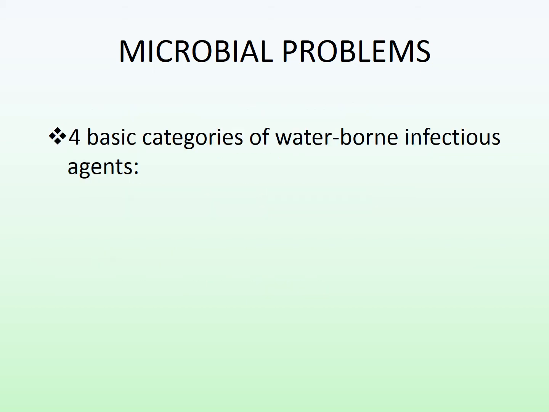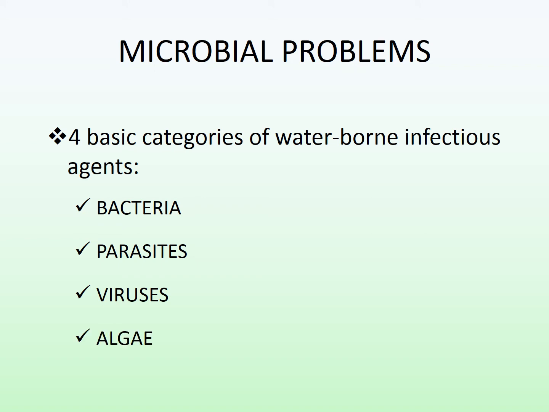We have 4 basic categories of waterborne infectious agents, and we'll be talking about them through the next 4 or 5 lectures. That includes the bacteria, which we'll be talking about today and in our next lecture. Our parasites, which we often refer to as protozoa. Our viruses, which we don't know very much about.